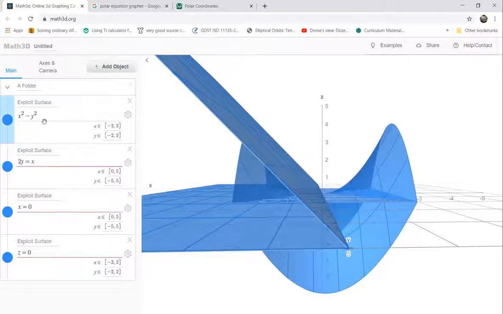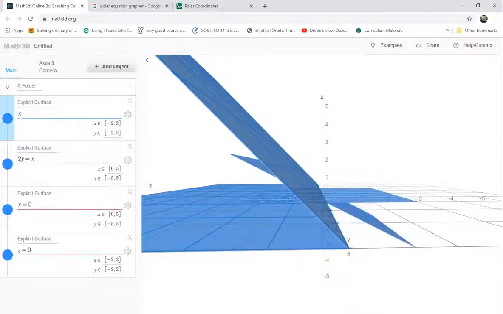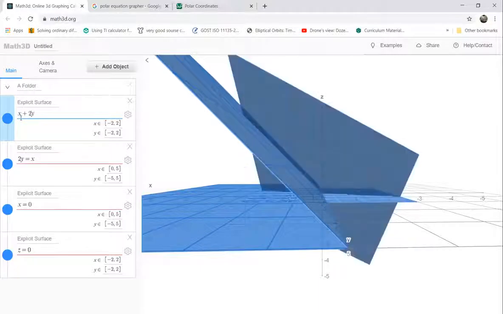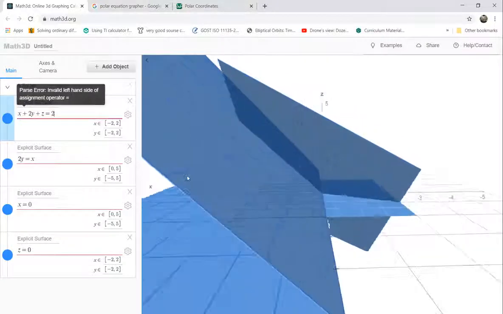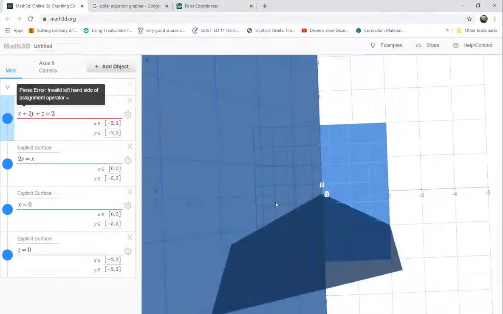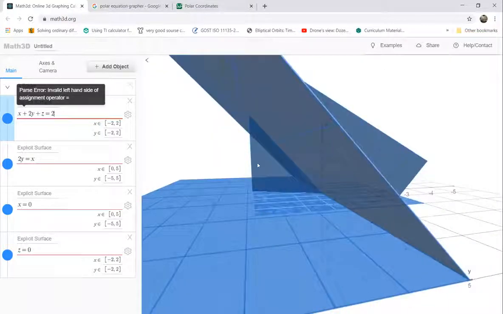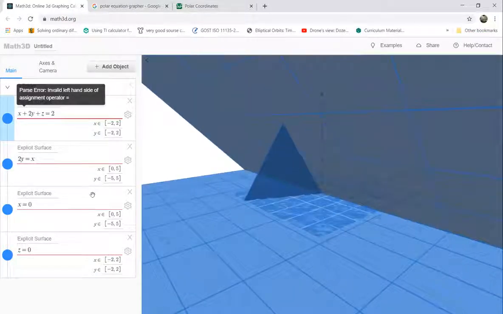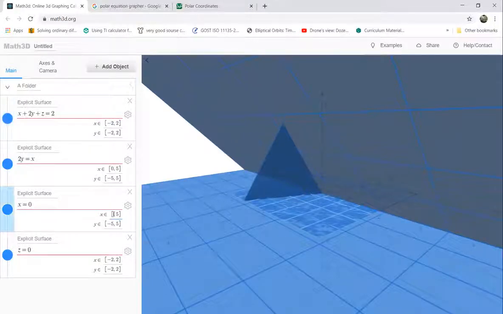And here we have x plus 2y plus z equals to 2. So we're looking at the intersection of these. No restriction here. So when x is 0, your y is equal to 0, okay?